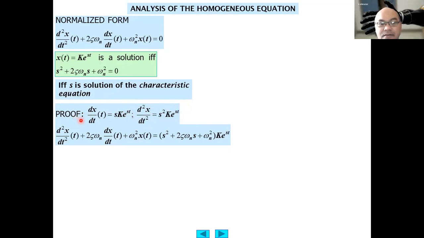So if we write again this equation, d²x(t)/dt² plus 2 zeta omega n dx/dt plus omega n² x(t), this equals to s² k e^(st) plus 2 zeta omega n s k e^(st) plus omega n² k e^(st).